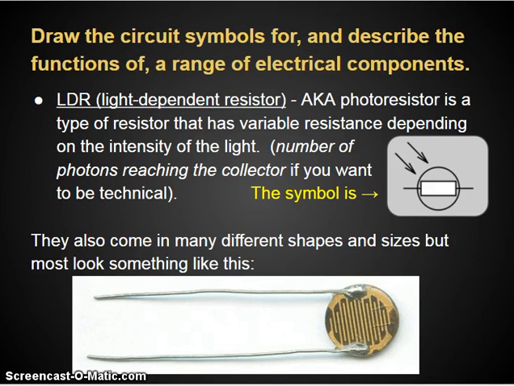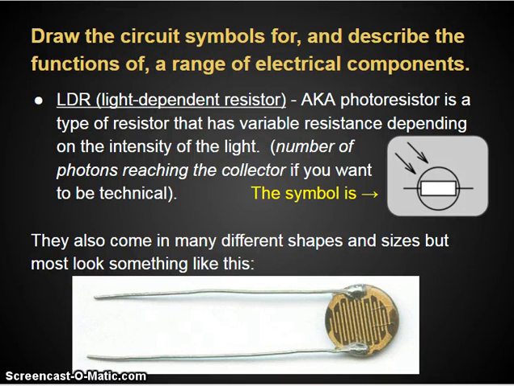LDR, or light dependent resistor. I've always called them photoresistors, but they're basically the same thing. It is another variable resistor, but this time the resistance varies depending on the intensity of light. Using any of these variable resistors, the thermistor and the LDR, you can actually make all sorts of sensors depending on what other electronics you put together.